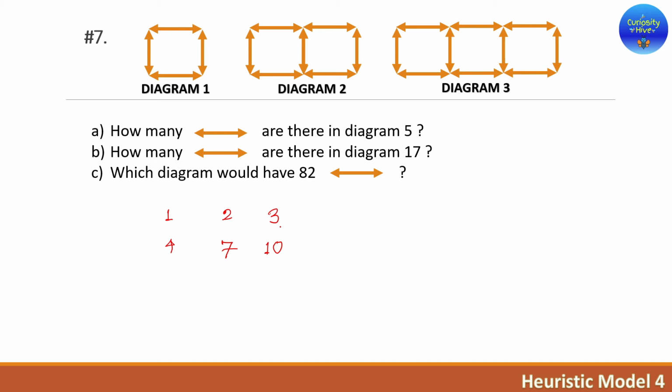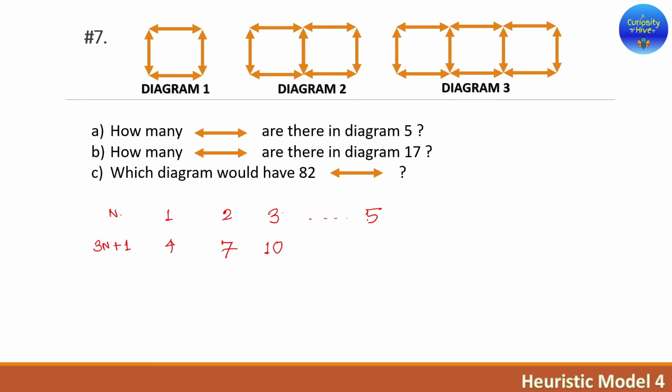So if you want to identify a pattern, as the number of lines increases, your answer is 3 times the number of the diagram plus 1. So I write it as 3n plus 1 because 2 times 3 is 6 plus 1 is 7. 3 times 3 is 9 plus 1 is 10. So like that, if we go on, we need to find for diagram 5, what will it be?